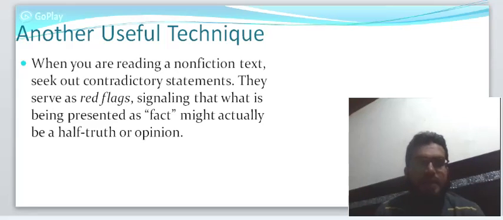Here let me add another useful technique for those readers who read more complex texts. So when you are reading a non-fiction text, because applying this strategy to fiction is difficult, because fiction is an imaginary world created by the writer. This is the production of his imagination.